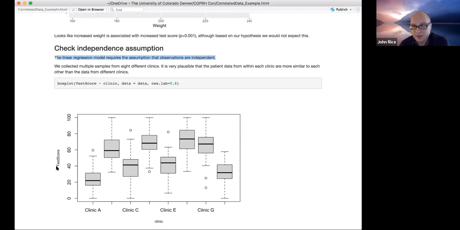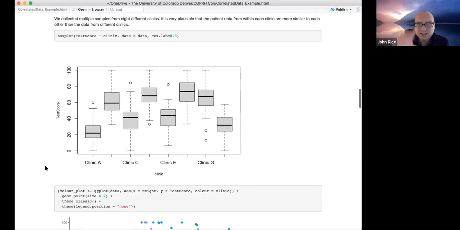So this indicates to us that potentially we need to account for the correlation within clusters, because what this suggests to us is that there may be a random intercept model that would be a better fit for the data, because each of these box plots has kind of a different center point.